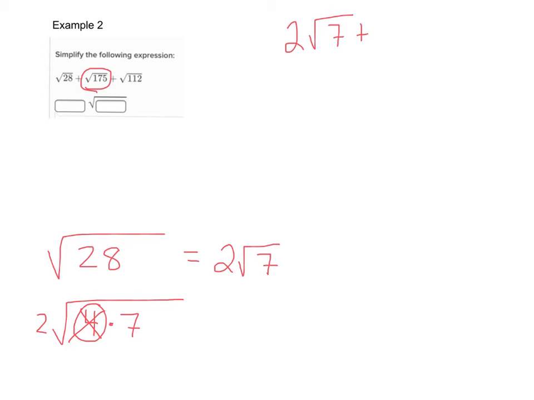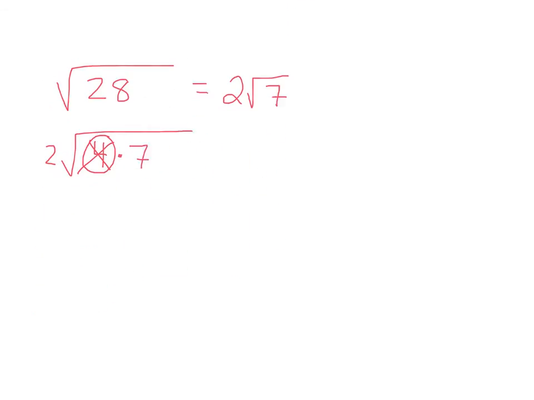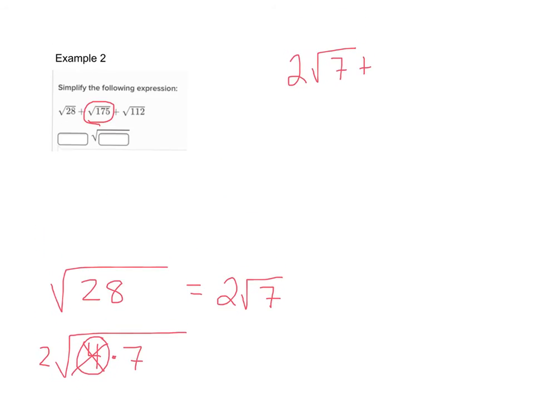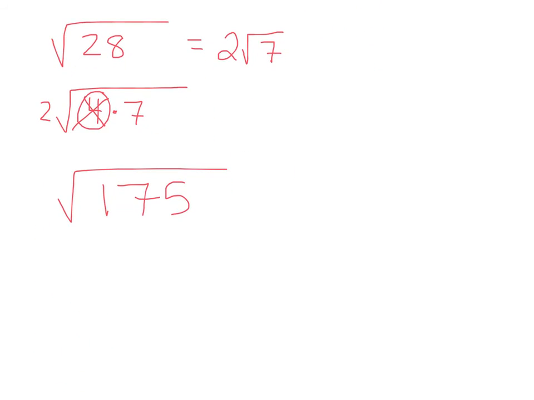now let's simplify the square root of 175. So I'm going to write right here the square root of 175. Let me make sure that's what it said. And let's think about what goes into 175. Well, right off the bat, it looks like 25 does.